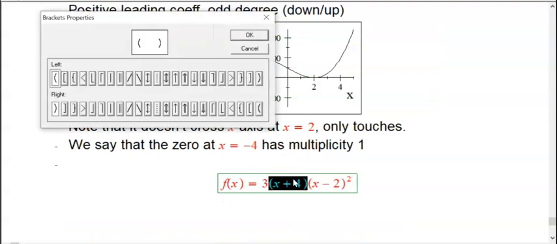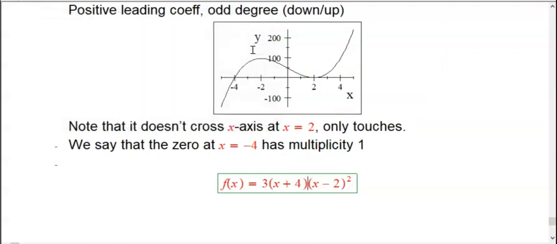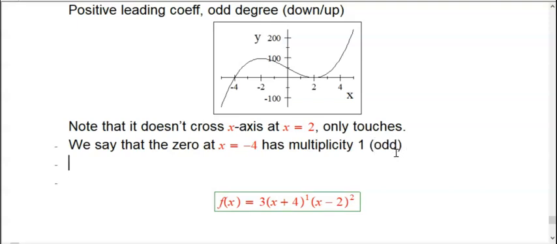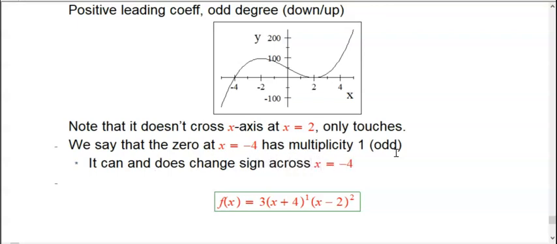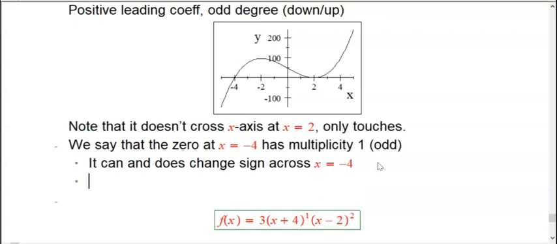This was x plus 4 to the 1 power. It has multiplicity 1, and that's an odd number. And what that means is that it can change sign. It can and does change sign across that 0 or that root or whatever you want to call it.